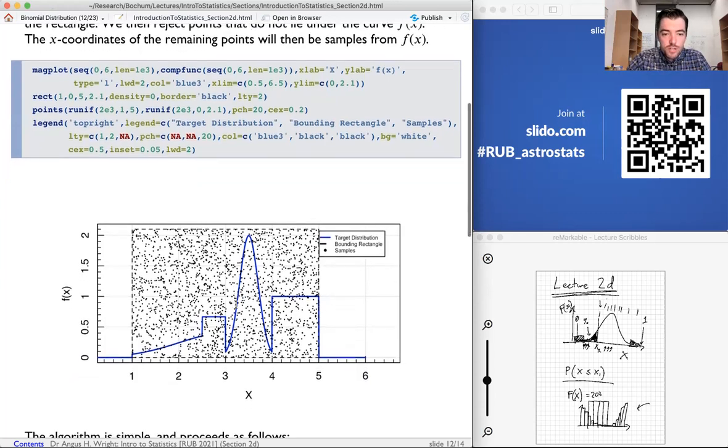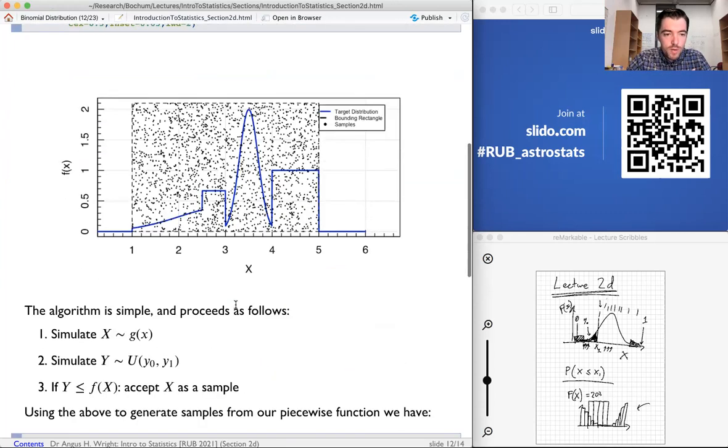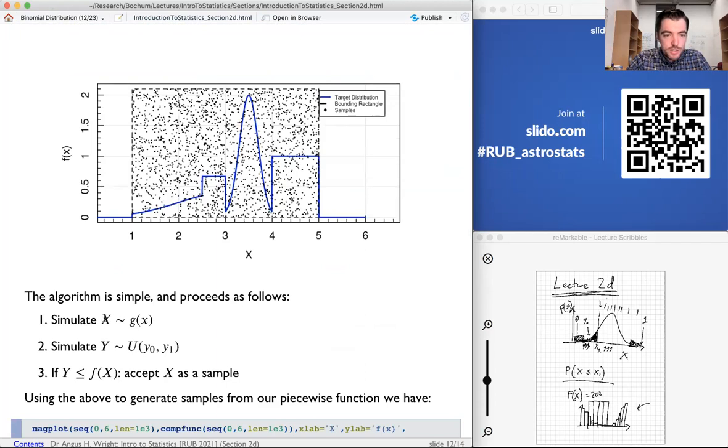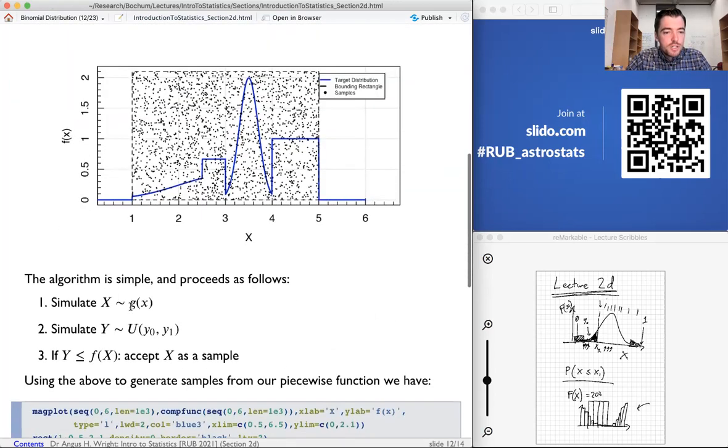What does this look like in practice? Well, what we do is we simulate some observation from, that should actually be uniform 0, 1. So we simulate from uniform, x value, rather from x min to x max, not 0, 1 necessarily.